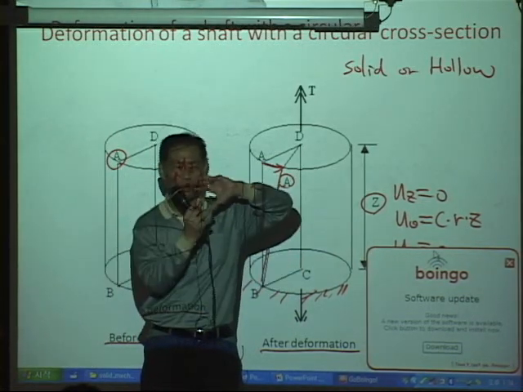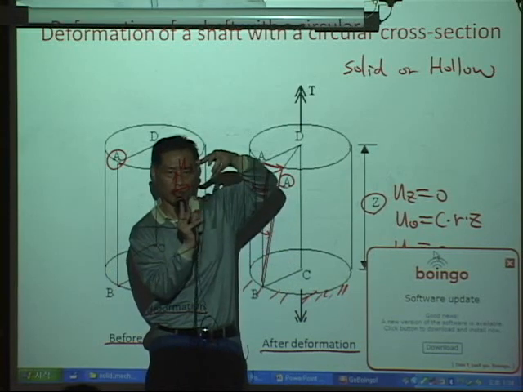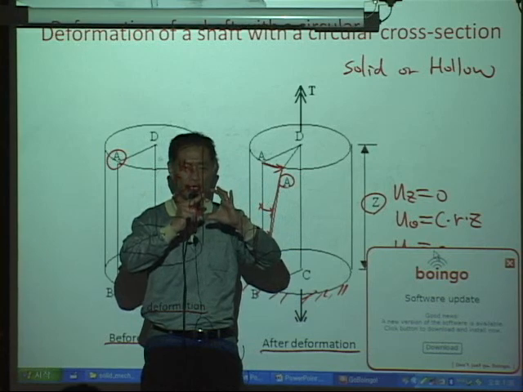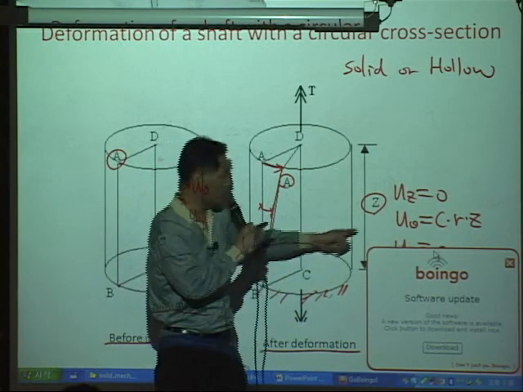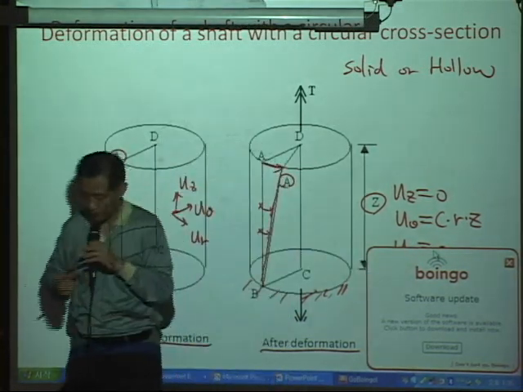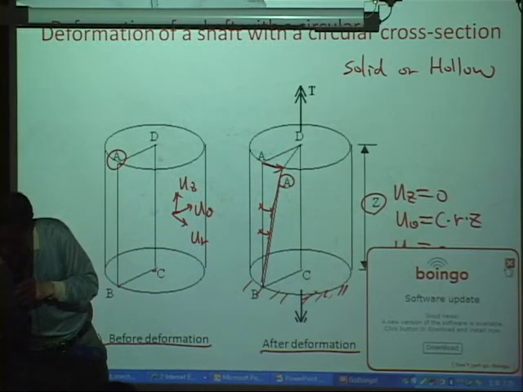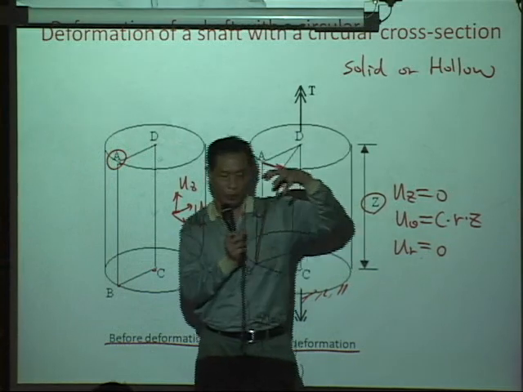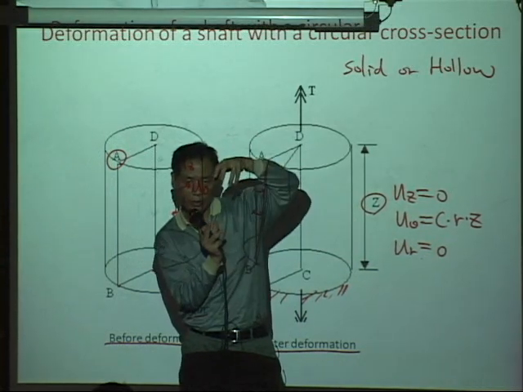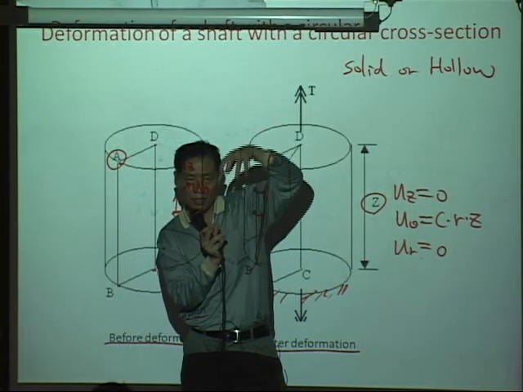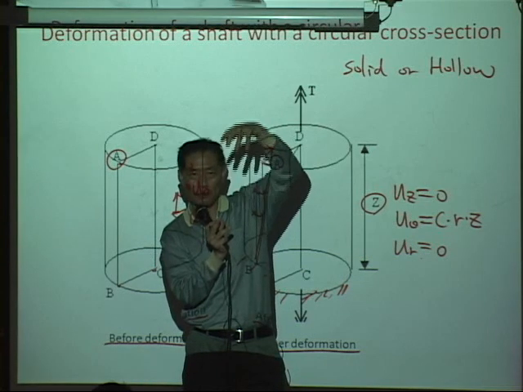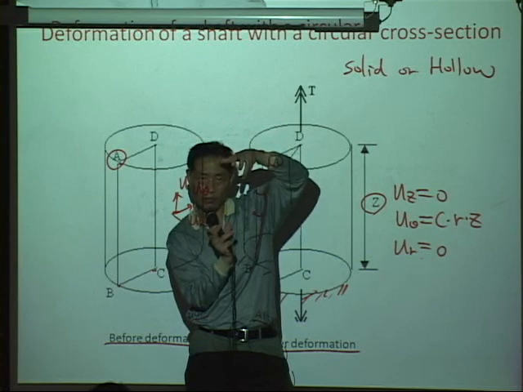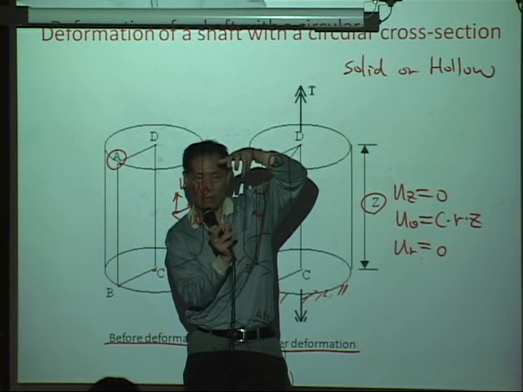When we rotate the shaft, the diameter remains the same. That means UR is 0. And when we rotate the shaft, the length does not expand or contract. The length also remains the same.